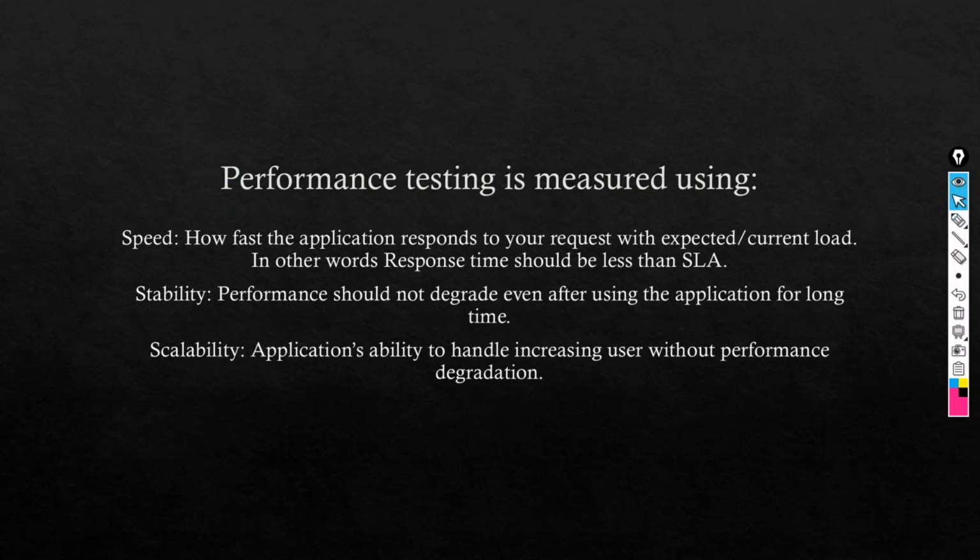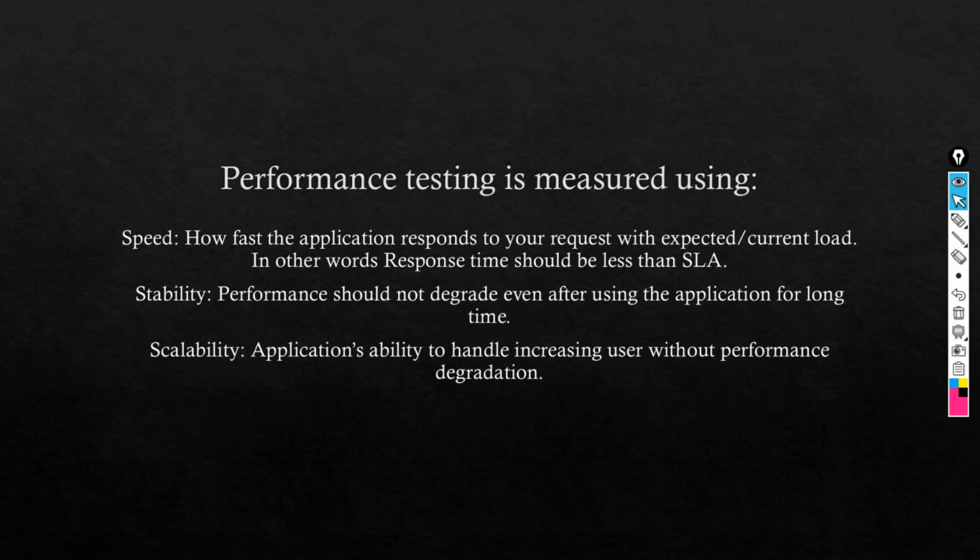What does that mean? Generally, the client who is asking us to do the performance testing will let us know the SLA, what they have agreed with the application team. They might have agreed that clicking a button or a link, or navigating between different screens, should not exceed 2 seconds or 3 seconds or 5 seconds.